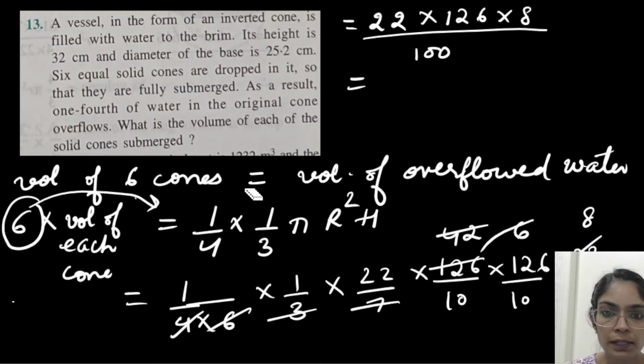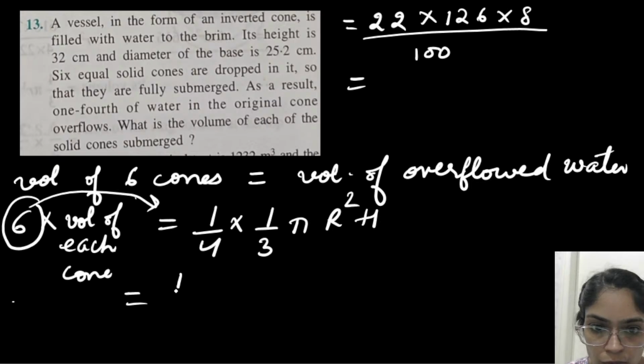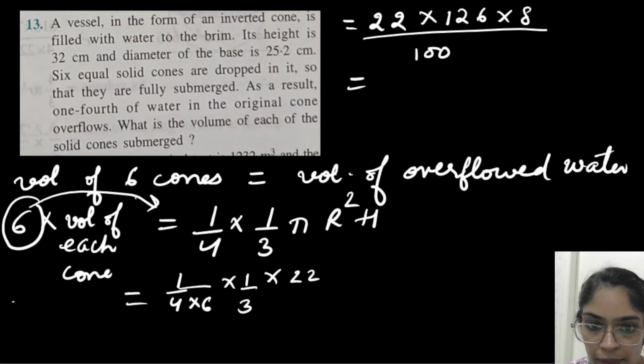It's not visible. This thing I'll just rewrite. So this is 1/4, and the 6 also we are shifting down, so 6 will come here. Here 1/3, then pi is 22/7, r is 126/10, I am removing the decimal, and height is 32.